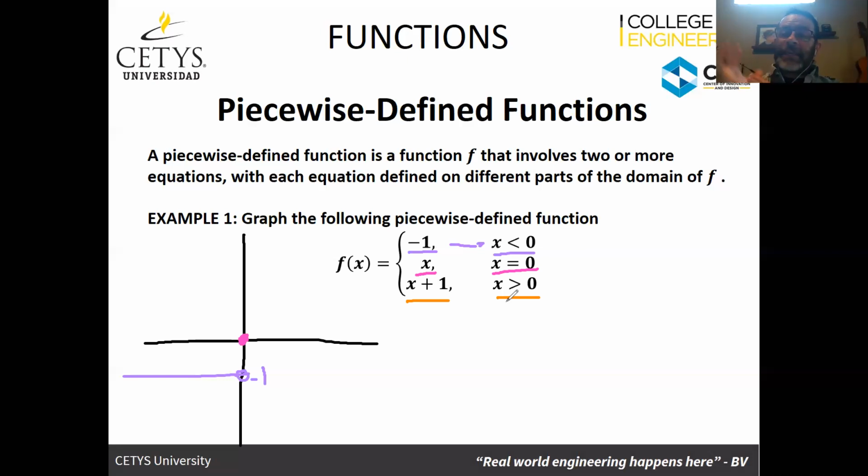The +1 means that it's being shifted up, okay? And so that means that we have a line that instead of crossing here at 0 is shifted up 1 unit. So we've got a 1 here, and the line is going to go like this. And I'm going to put an open circle here because it's larger than, not larger than or equal.